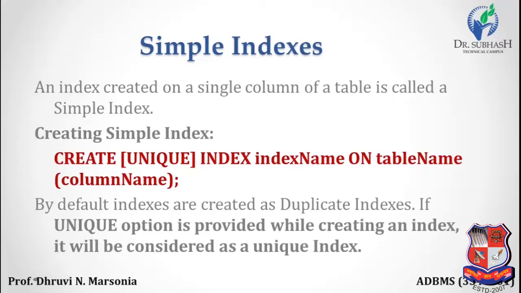If we do not mention the unique option, then it is automatically created as a duplicate index. If the unique option is provided while creating an index, it will be considered unique. If I want to create a simple index, then my query is create unique index, index name on table name, and the column name I want to index is mentioned here in brackets, and finally a semicolon.